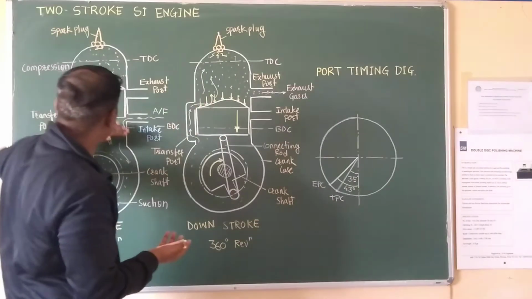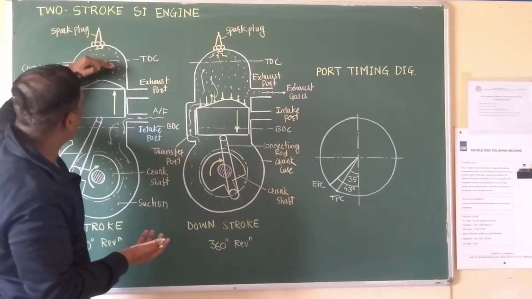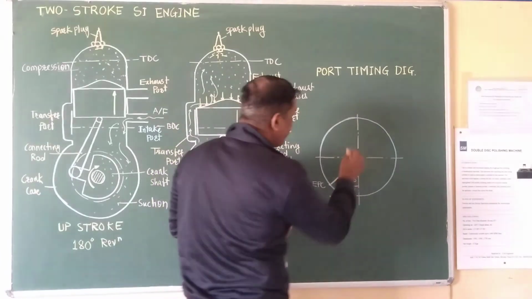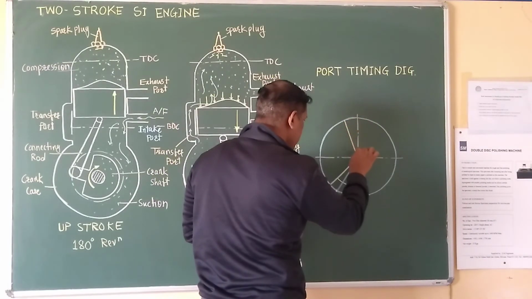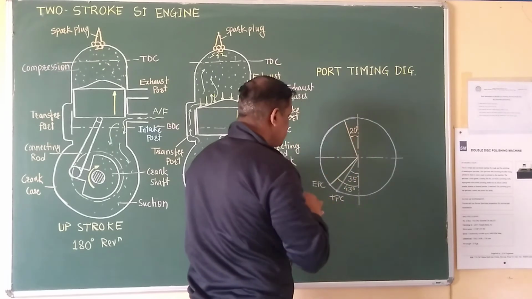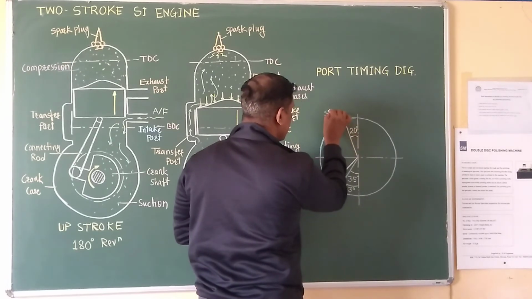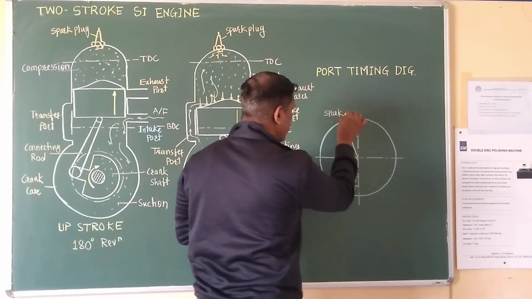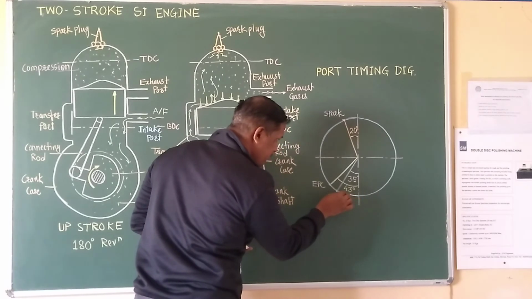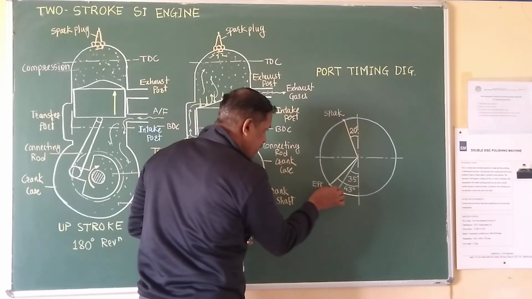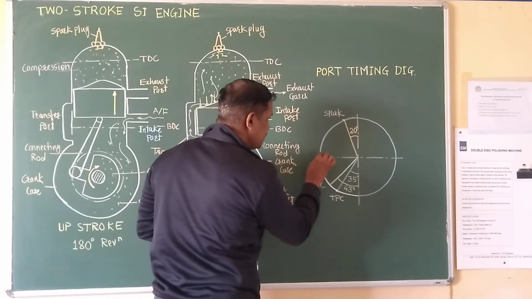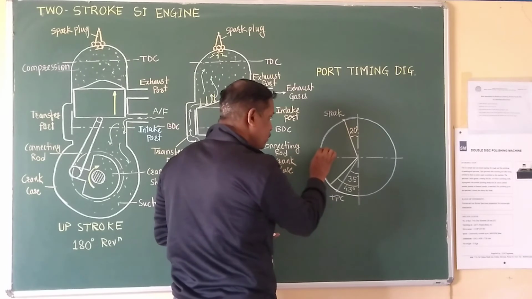Okay, so about 35 degrees when moving towards TDC. So after BDC about 35 degrees, the transfer port gets closed.